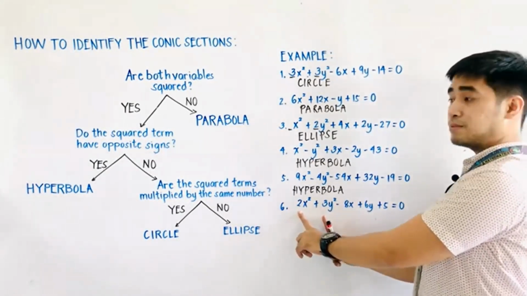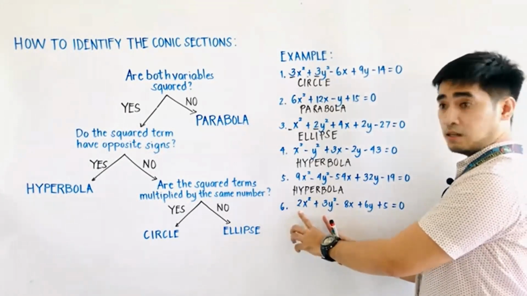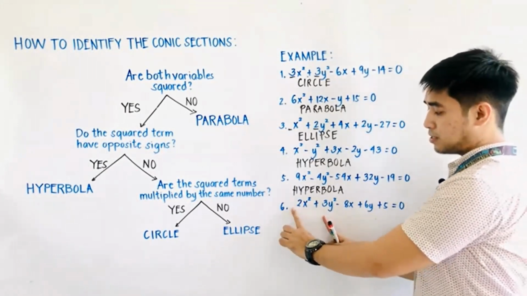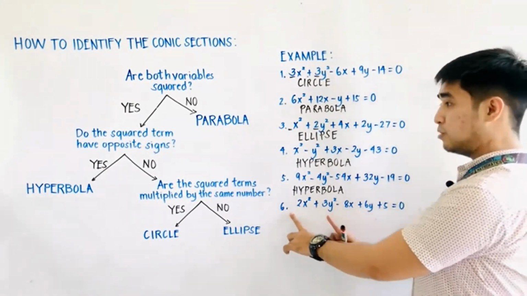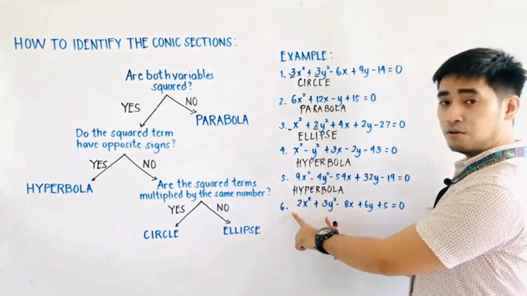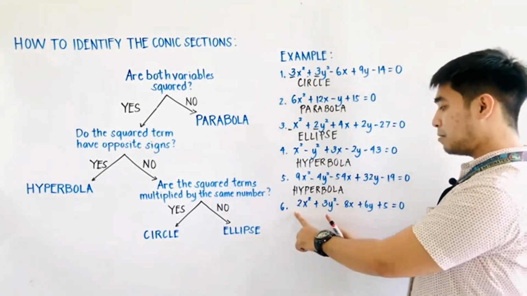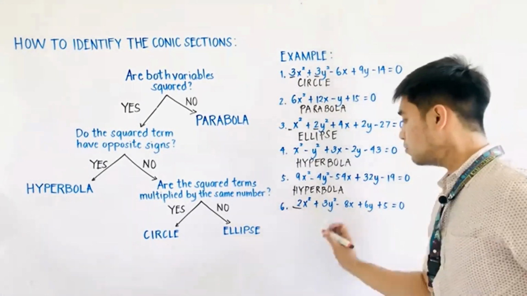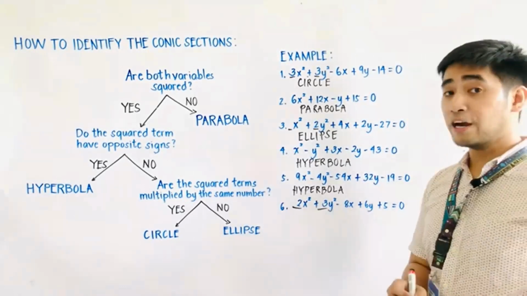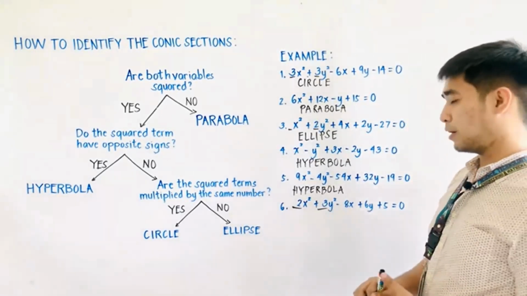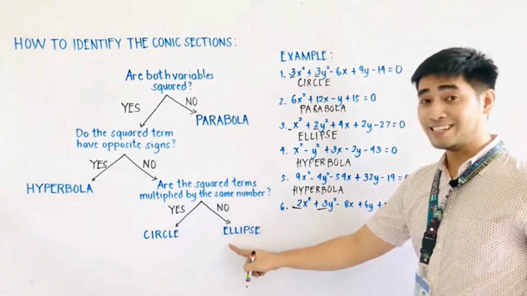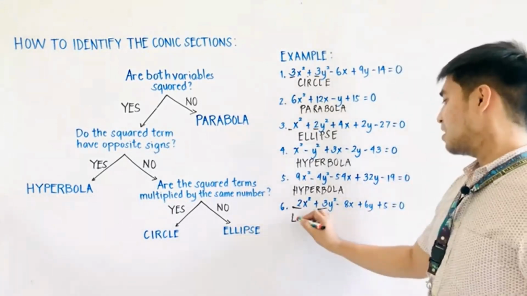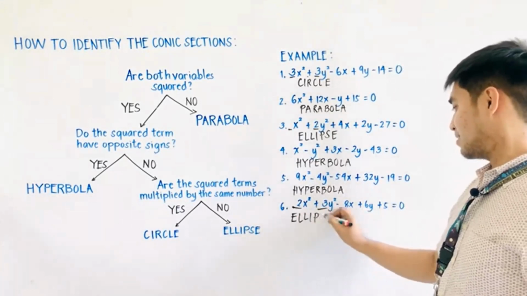Do the squared terms have opposite signs? This is positive 2x squared. This is positive 3y squared. No, they do not have opposite signs. So are the squared terms multiplied by the same number? This is 2, this is 3. Therefore, they are not multiplied by the same number. And if they're not multiplied by the same number, that conic section is an ellipse.